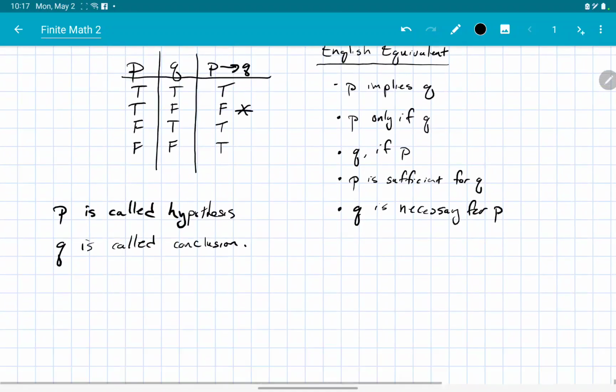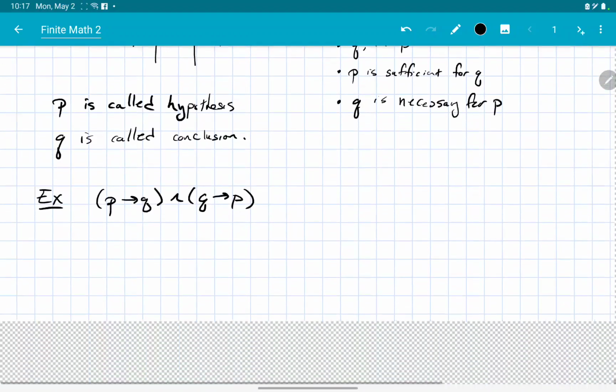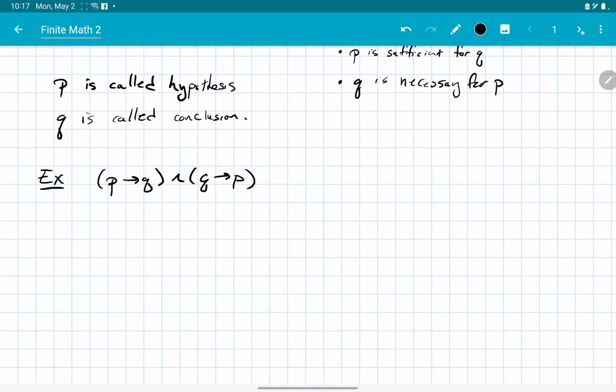Okay. Now we're going to compound things with the implication. So P implies Q, and Q implies P. We're going to look at P implies Q, and Q implies P. We'll draw the logical table here, the truth table.